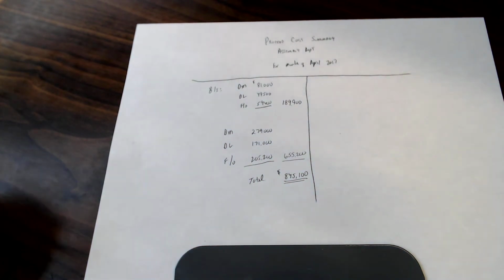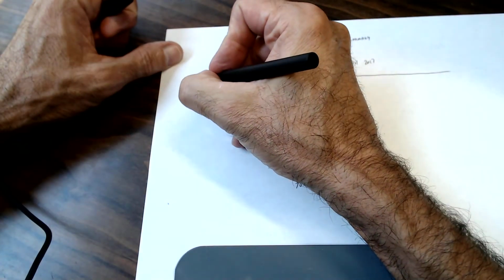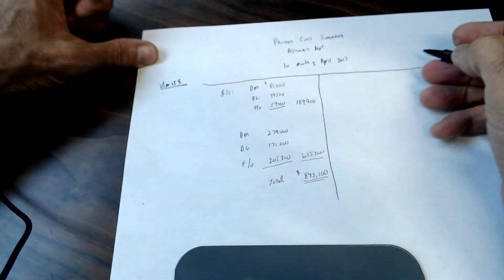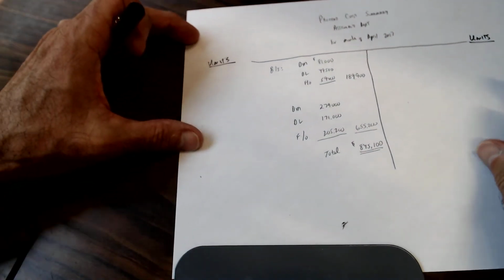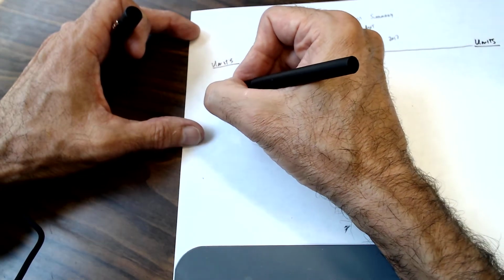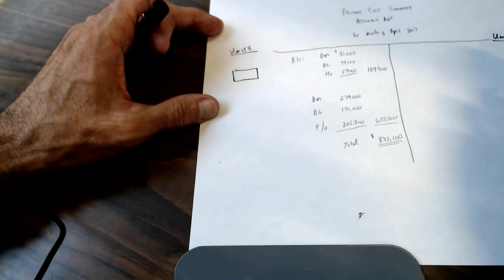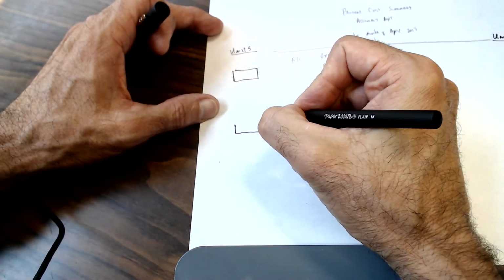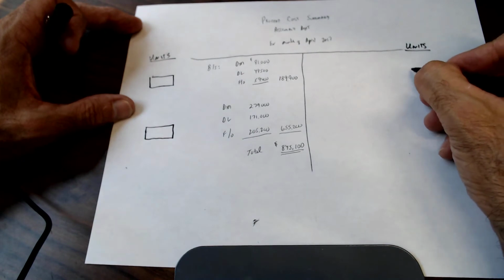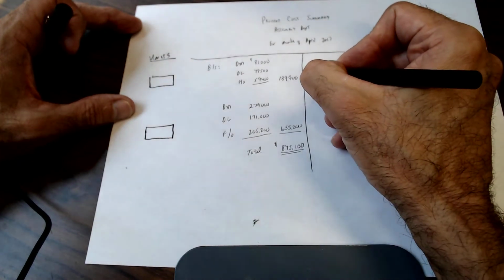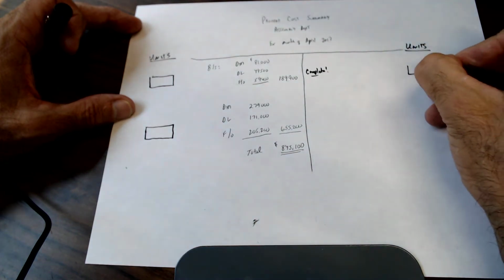So I need to know units, units, units, and units. These are the 4 things I'm looking for. How many units were in beginning inventory? How many units did I actually start? How many units, now these are completed, did I finish?